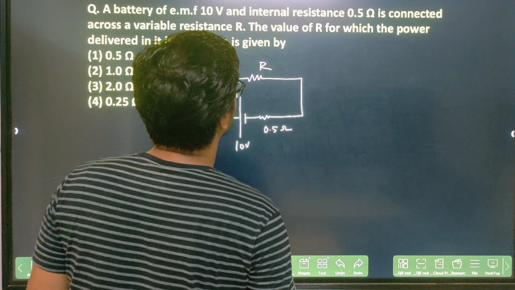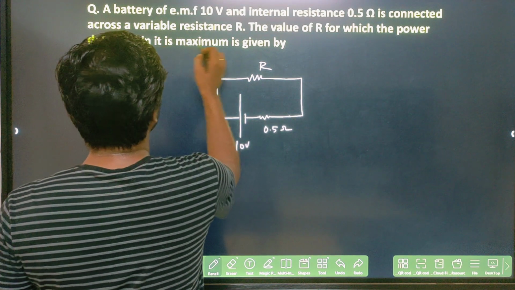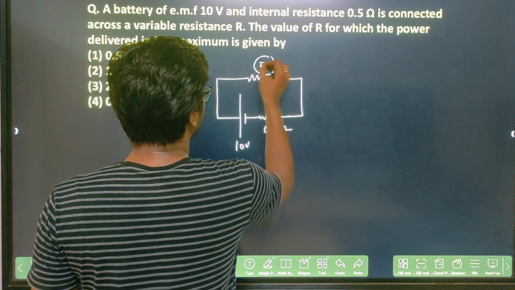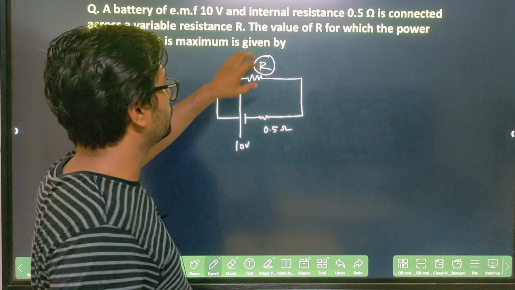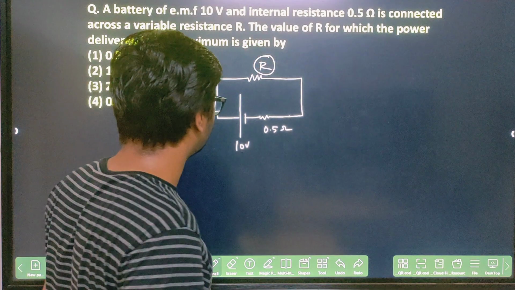This they have given. The value of R for which the power delivered in it is maximum. So they are asking what will be the value of R so that the power consumed by that R will be maximum, or the power delivered by this R will be maximum.